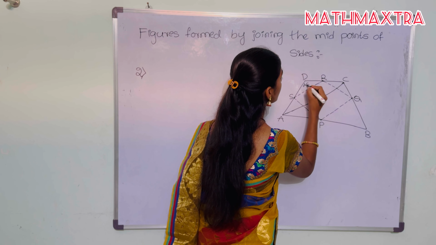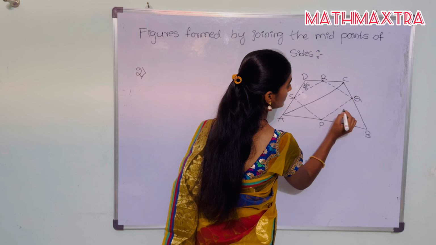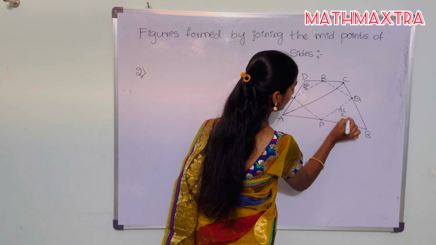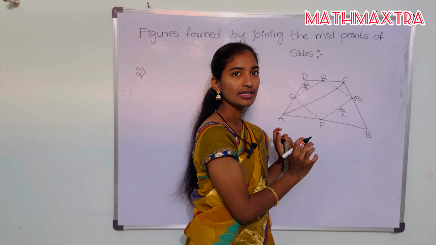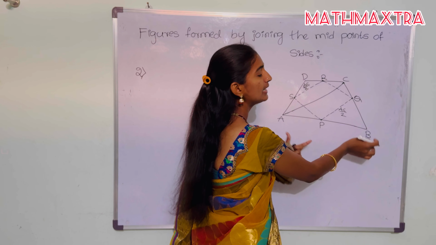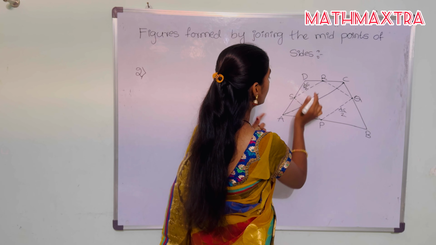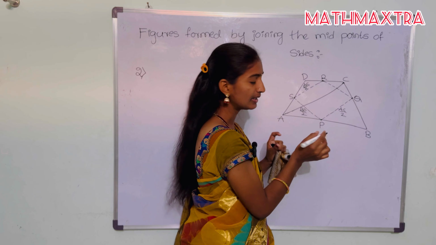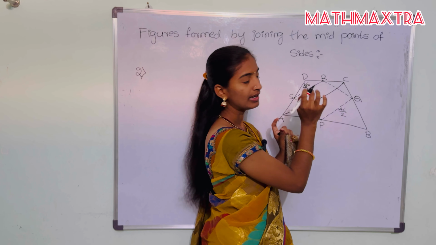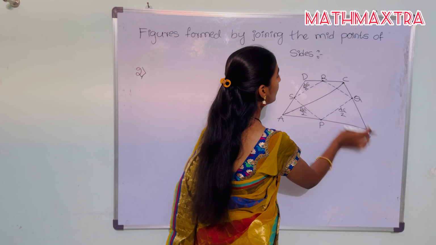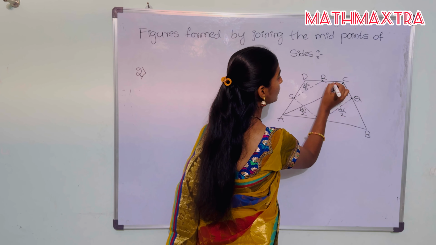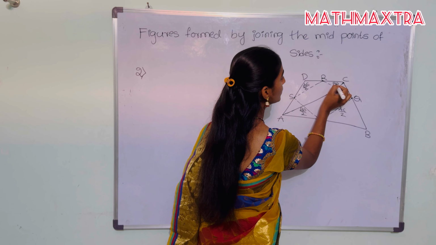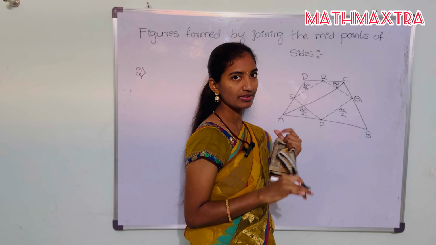So this is AC by 2 and this is also AC by 2 if you consider triangle ABC. If you join the BD diagonal, this will automatically be BD by 2, isn't it? In triangle ABD and triangle BDC, you will get BD by 2, similar to the previous case.